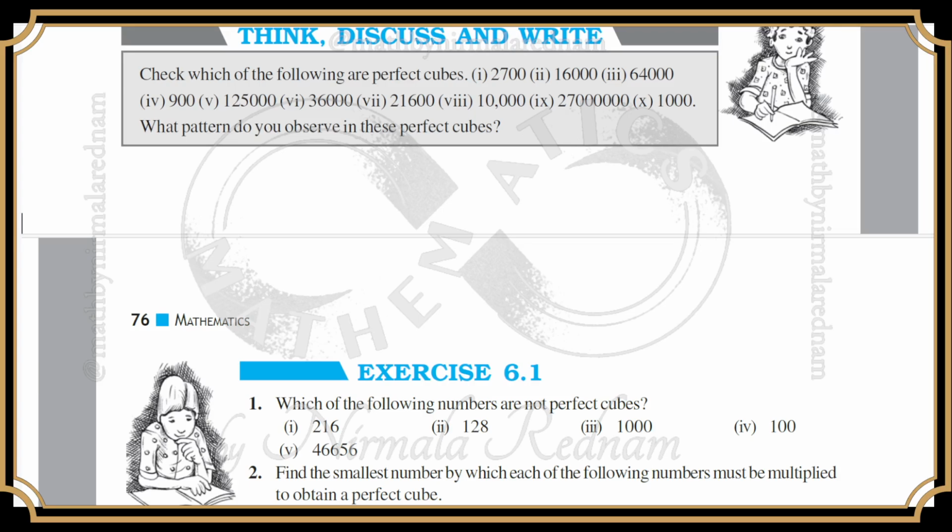For this, I want you to recall, if you remember, in the squares, we concluded that whenever you have an even number of zeros, then there is a possibility. With an odd number of zeros, it's definitely not a perfect square, right?